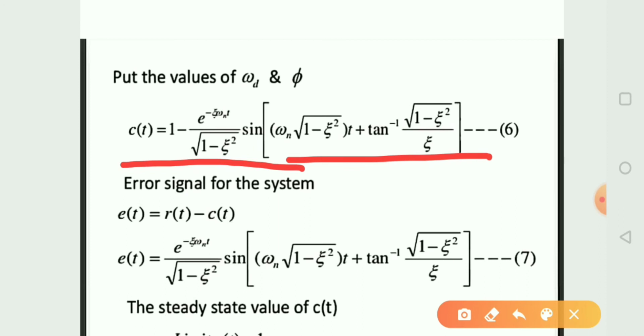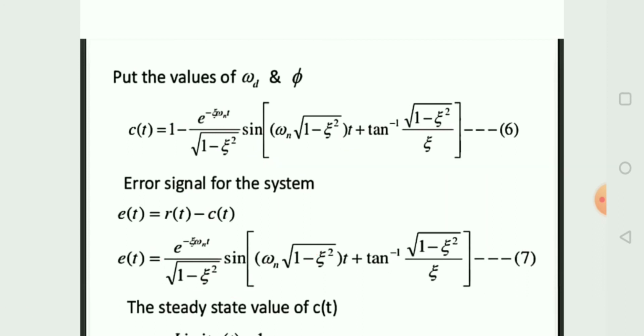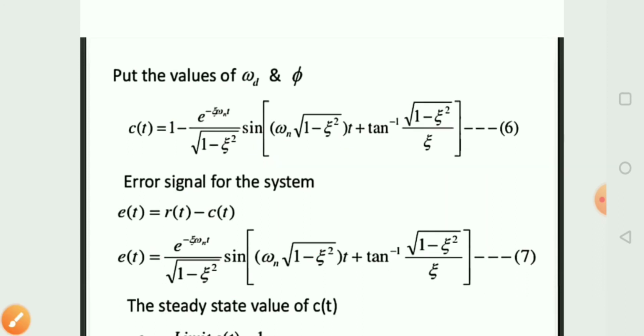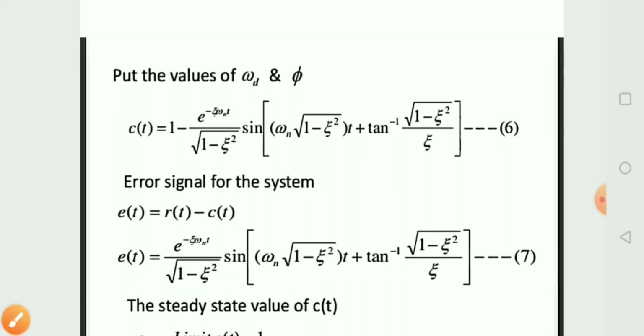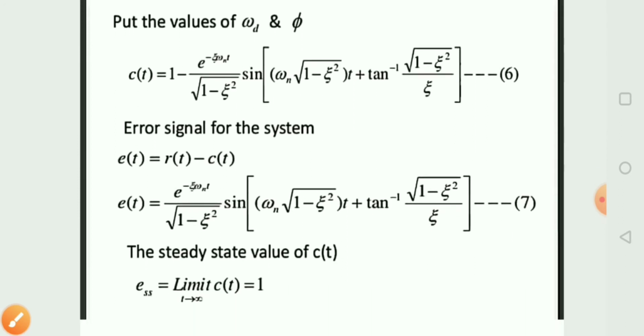Then if we put R(t) minus C(t), the 1 is cancelled and the negative becomes positive. Now the error signal e(t) is e to the power minus zeta omega n t upon under root of 1 minus zeta square into sin(omega n under root of 1 minus zeta square into t plus tan inverse of under root of 1 minus zeta square over zeta).